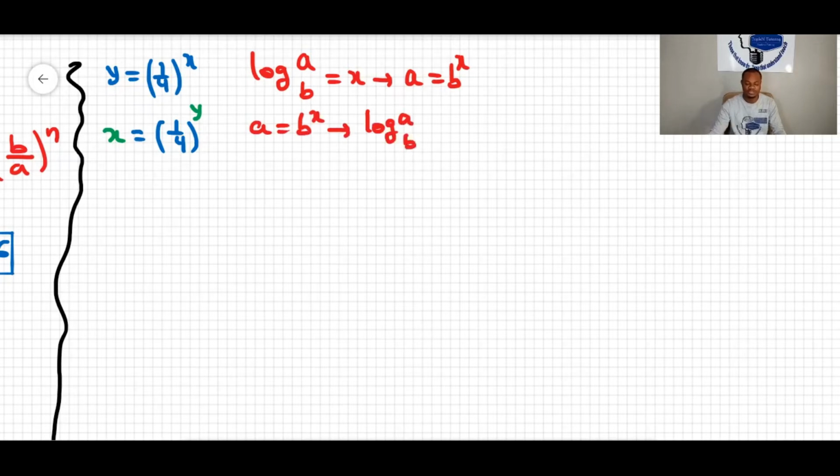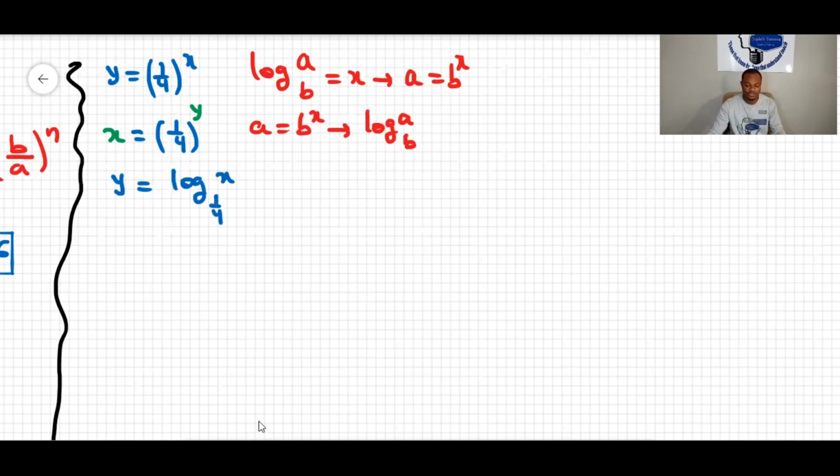So now in this situation, our a is x, b is a quarter, and then x is y. So now I need to write it in this form of log a base b. So this will mean y equal to log of a, which is x, base b, which is a quarter.